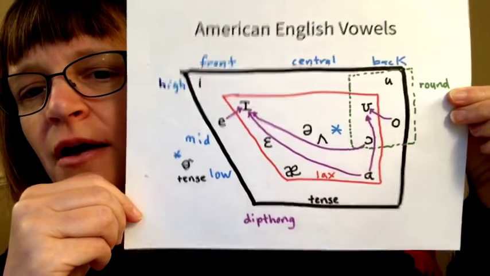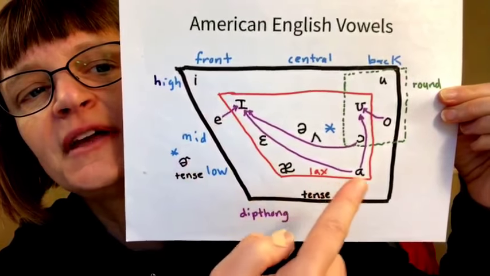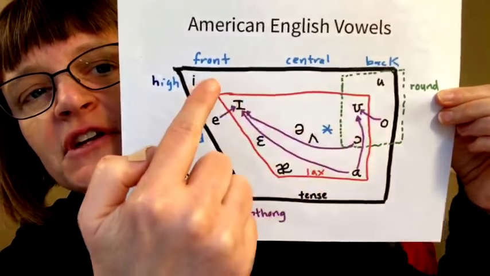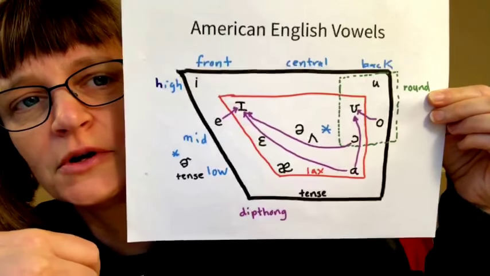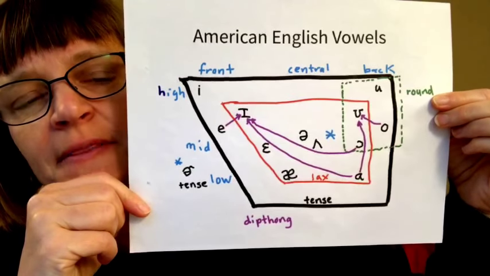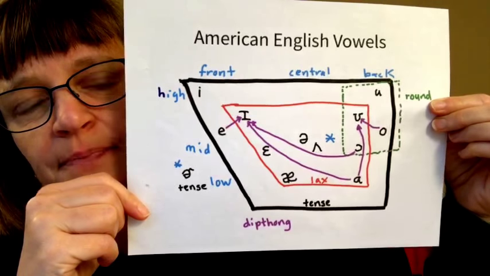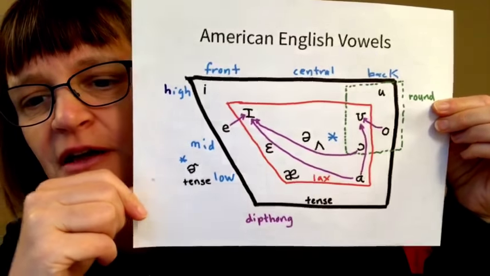These symbols are the IPA symbols. You'll find those in the dictionary when you're looking up a vowel, and you can determine what vowel is in a word. I do recommend using Merriam-Webster's Learner's Dictionary. That's the one that is going to use these vowels. Other dictionaries sometimes use other symbols, which can be kind of confusing.